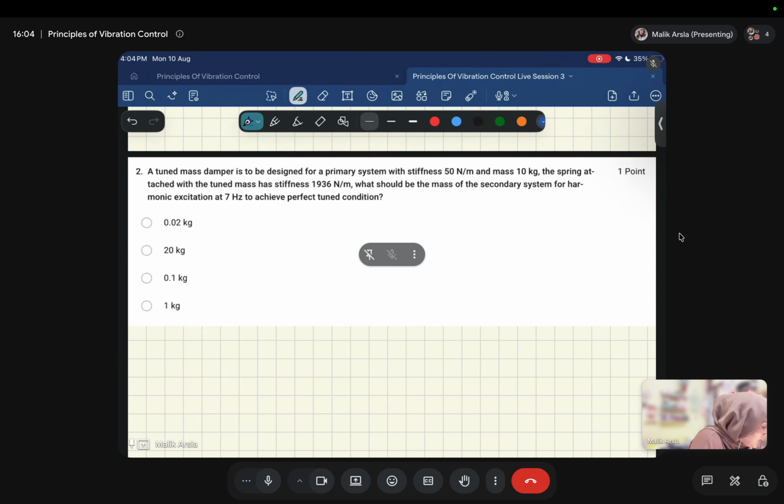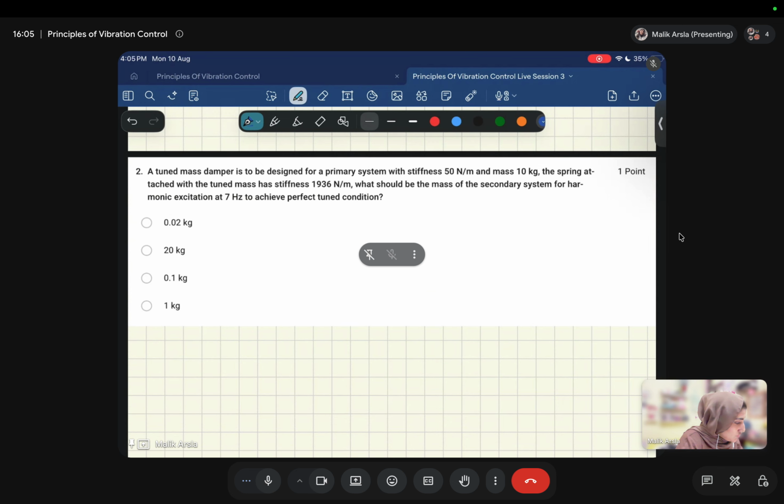So the question here is that a tuned mass damper is to be designed for a primary system with stiffness 50 Newton per meter and mass 10 kg. The spring attached with the tuned mass has stiffness of 1936 Newton per meter. So what should be the mass of the secondary system for harmonic excitation at 7 Hz to achieve perfectly tuned condition?